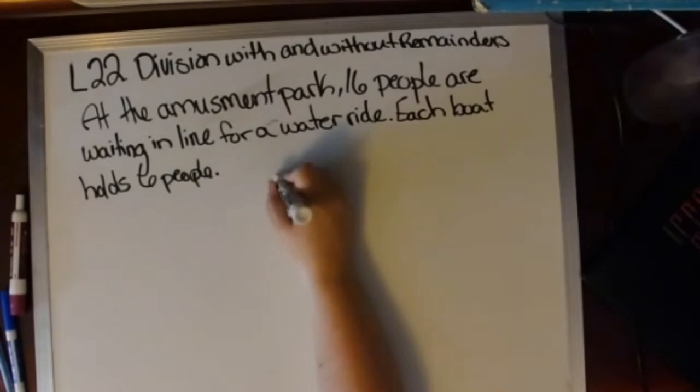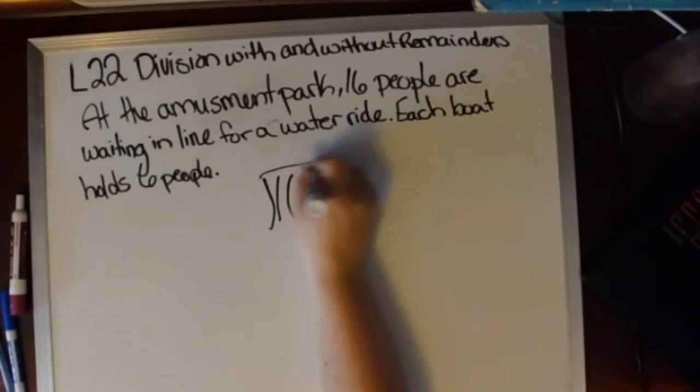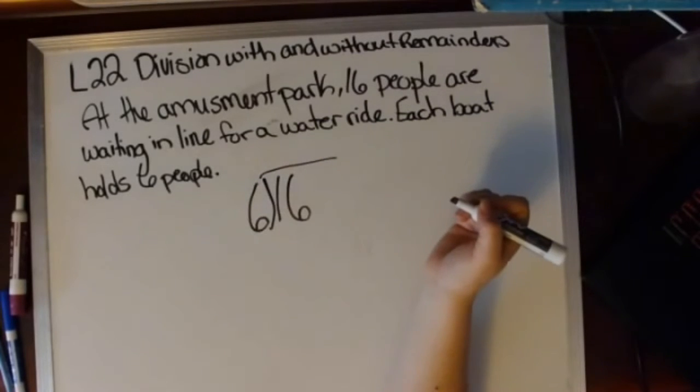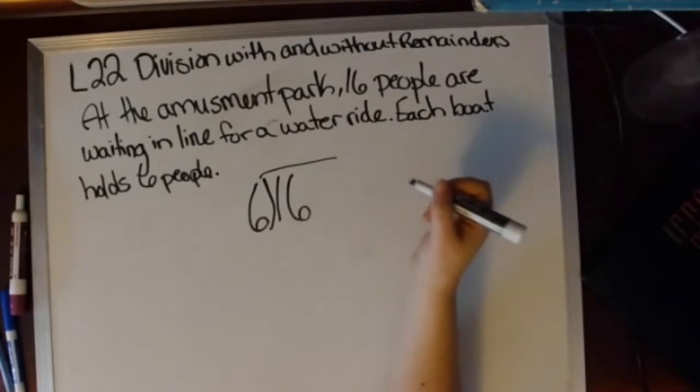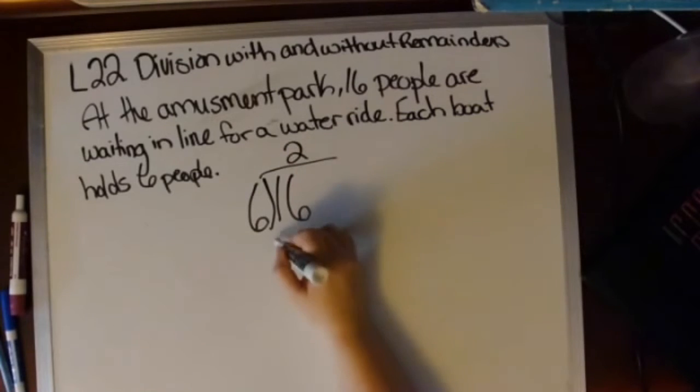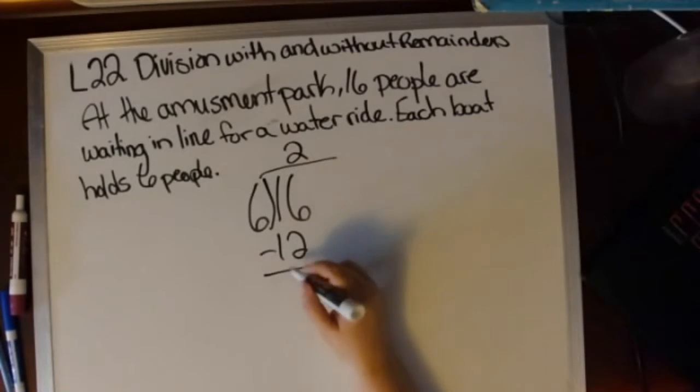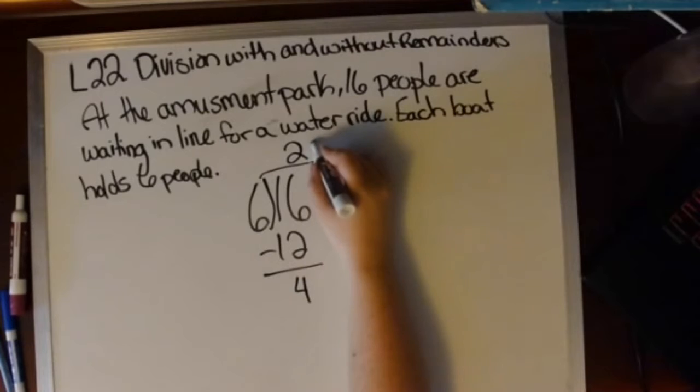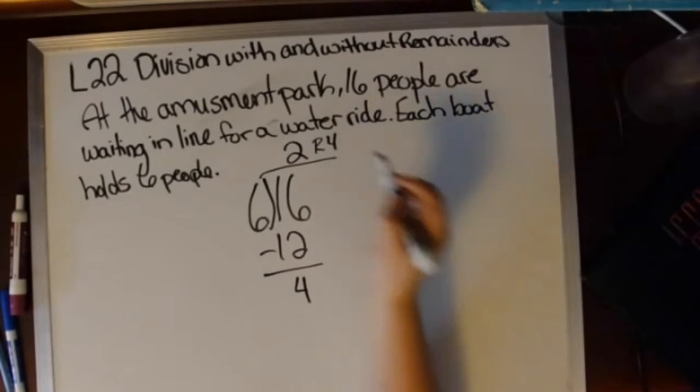We need to take 16 and divide it by 6. If we do 6 going into 16, the closest I can get is 6 times 2, which is 12. Subtract, and that leaves me with 4, so I have 2 remainder 4.